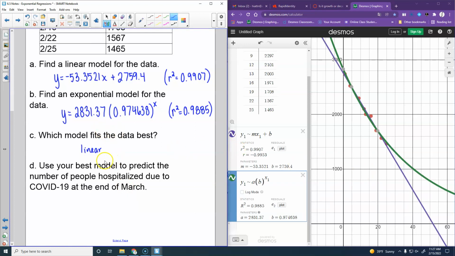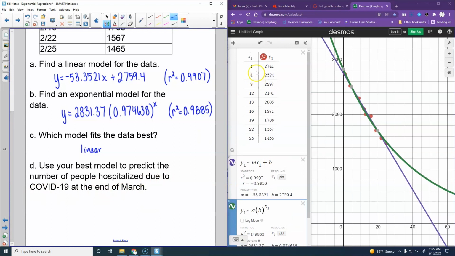Okay, so I'm actually going to use both lines because we're going to see something crazy happen here, I think. All right, so we want to use our best model to predict the number of people hospitalized due to COVID-19 at the end of March. So in this case, day one was like February 1, right? So we got 28 days in February this year, right?